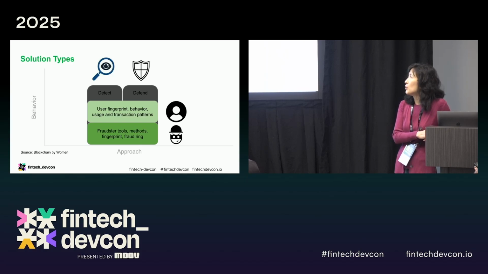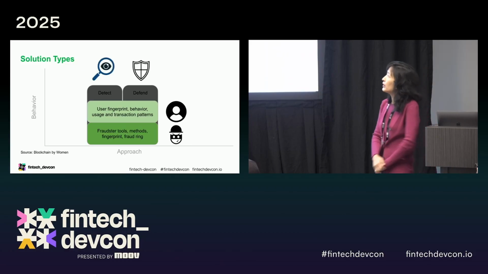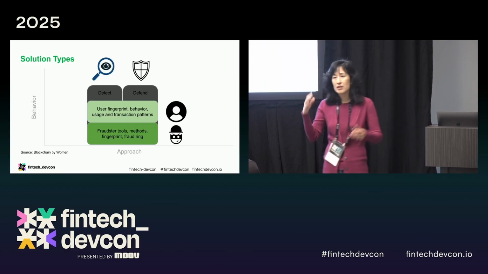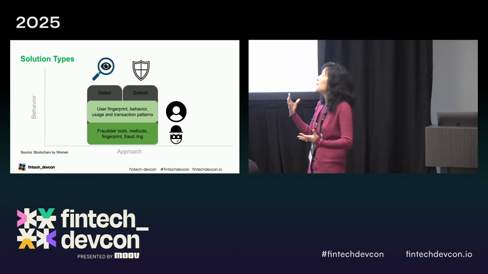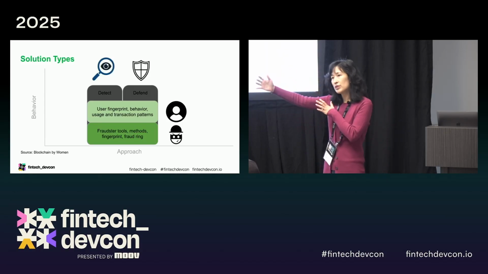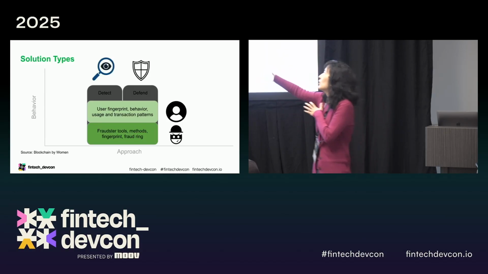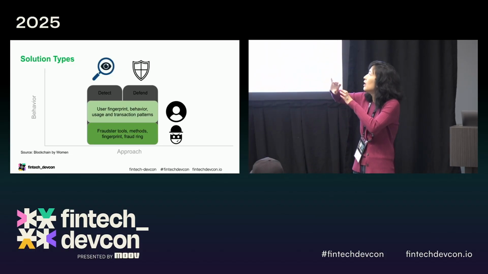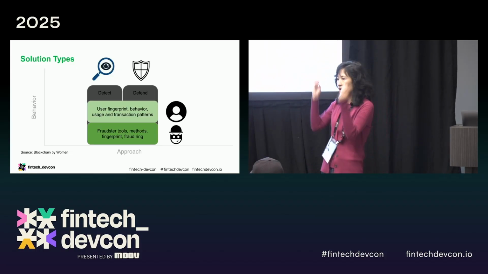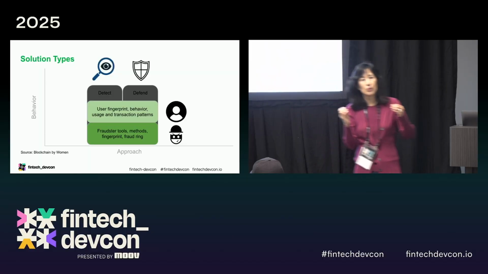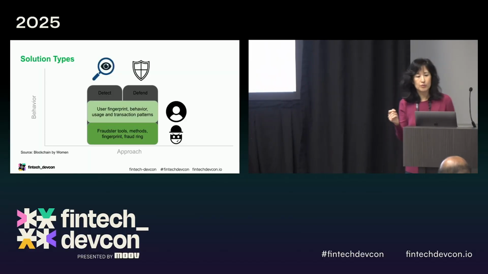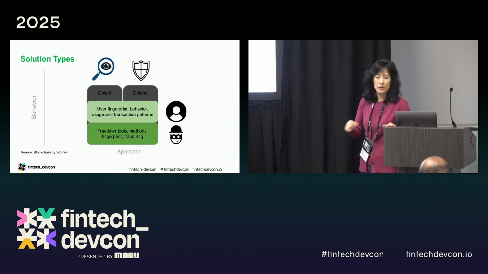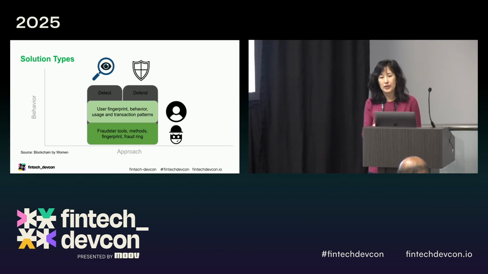So what I found is really important is to have, number one, a way of tracking the signals from both users, end users, so their fingerprint, the user behavior, user transaction. So that's one way of fingerprinting. But the other way of fingerprinting is really looking at the fraudsters and the tools and the methods that they're using.